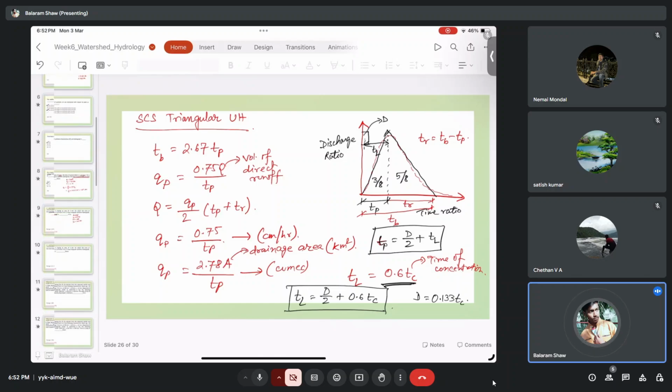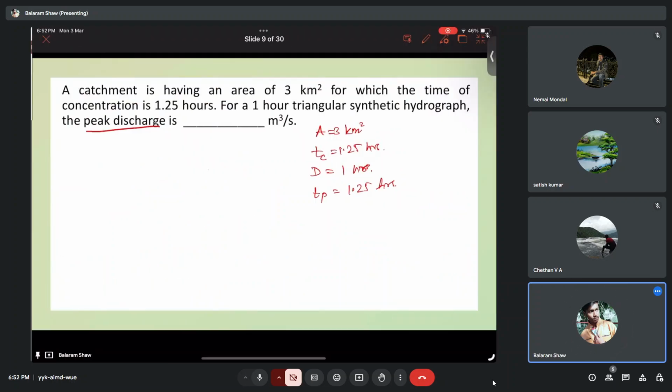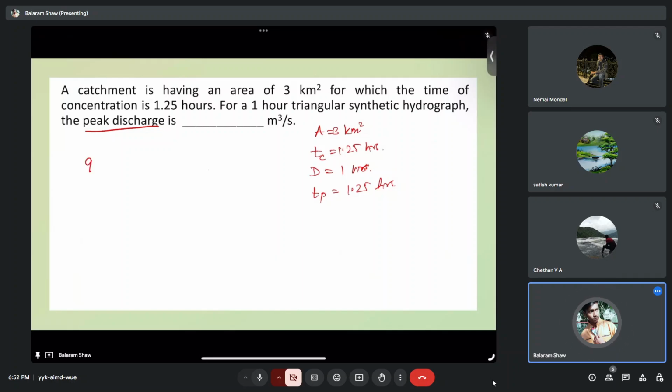So just use that. Peak discharge QP equals 2.78 into A by TP. TP we have from the last question, so we can just put it here: 2.78 into 3 divided by 1.25. How much are we getting? We are getting something like 6.67 meter cube per second.